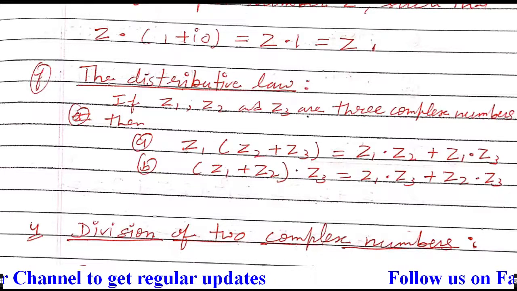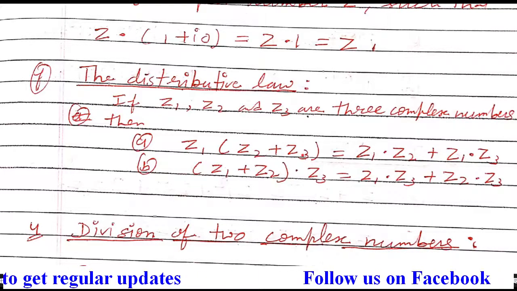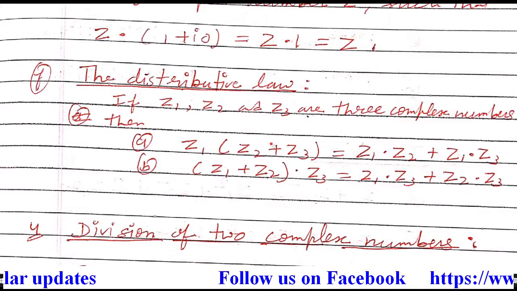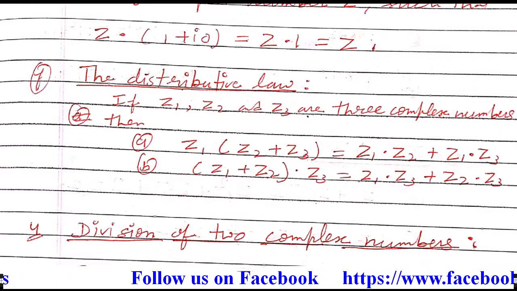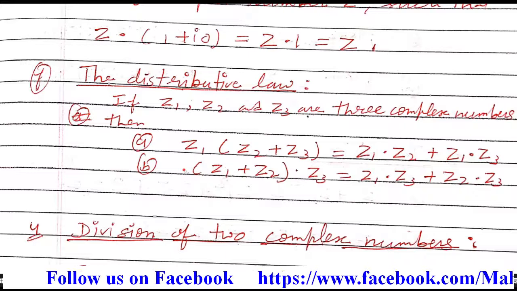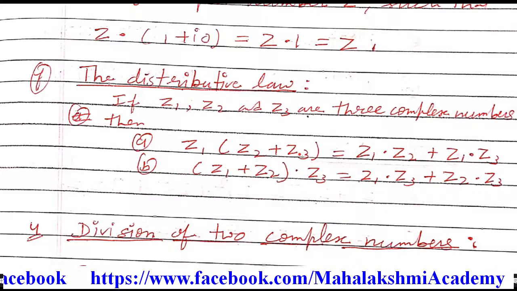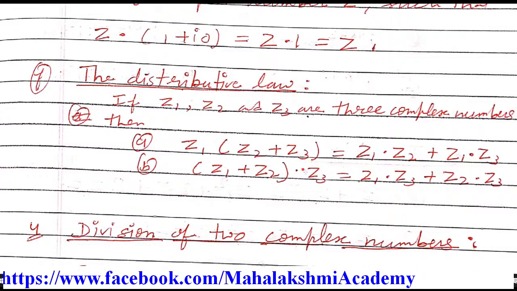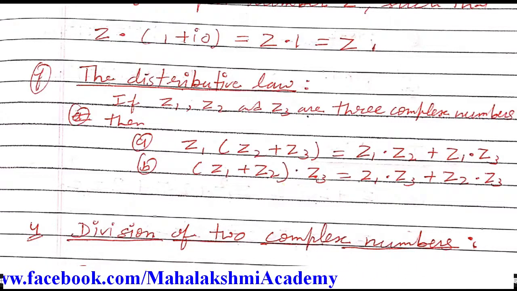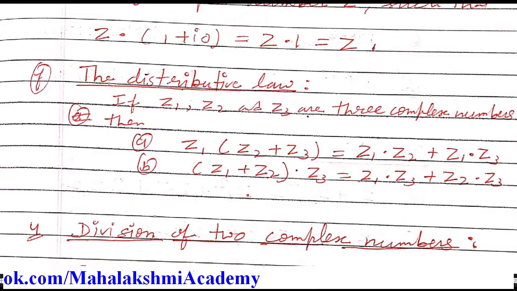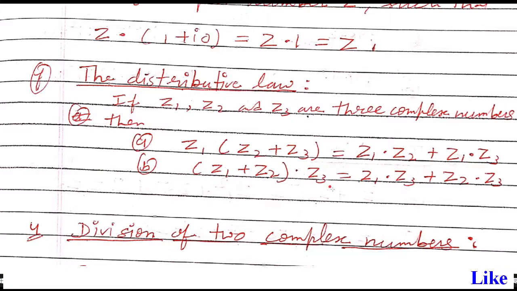In the same way, here also we will multiply z1 by z2, then in the middle a plus sign, then z1 multiplied by z3. This is named front distribution. From the front it is distributed to the inner terms of the bracket. Now for back distribution, if z3 is outside, then z3 will move first to z1 and then z3 will move to z2. So the meaning remains the same, they are not different. So this is named the distributive law for complex numbers.